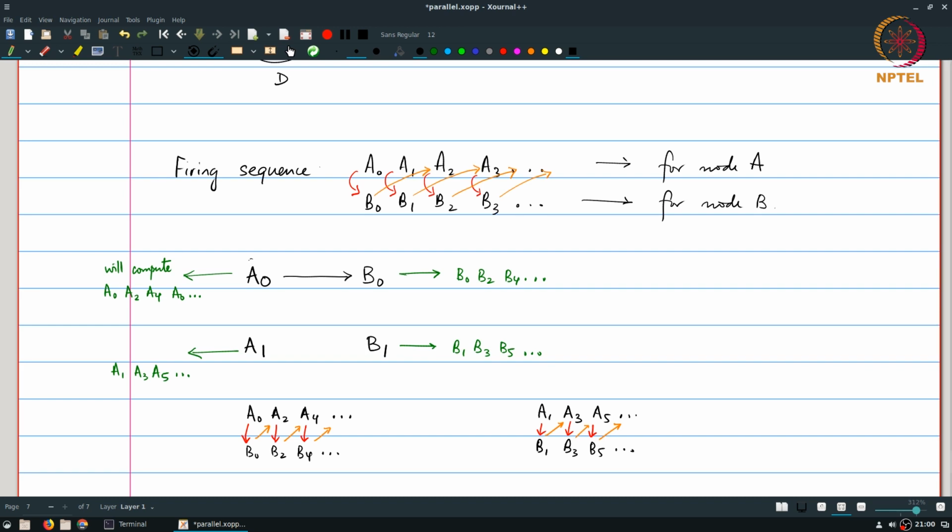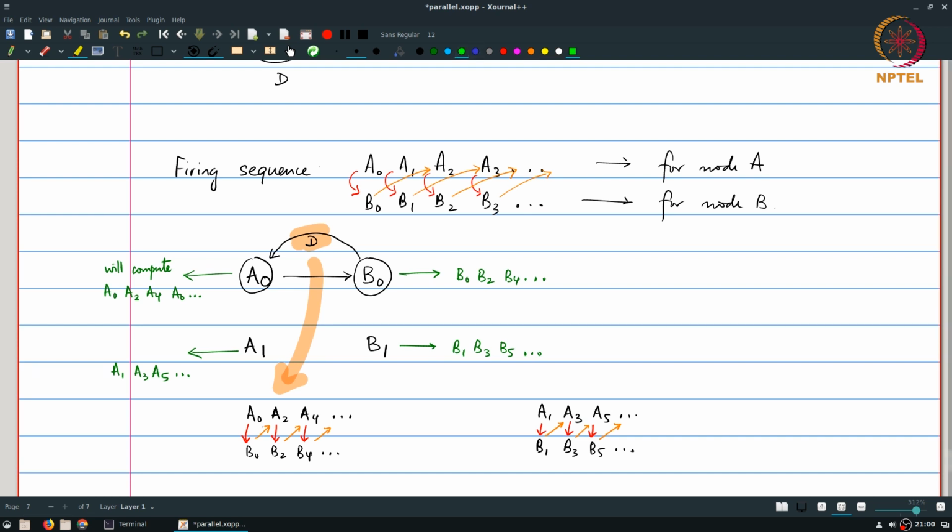There is a dependency from the computational node A0 to B0, and there is a single cycle delay element between B0 to A0. Why is that? You can understand that in the context of this diagram that we have over here.